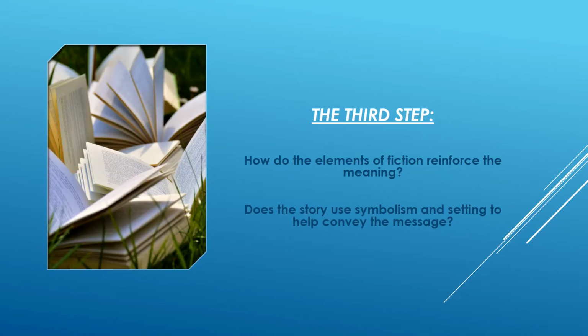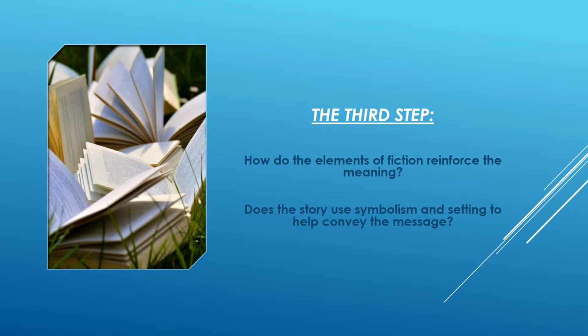So remember, step 1, find the topic of the story. Step 2, find out what the author is trying to say about that topic. Step 3, what elements of fiction, poetry, or drama are used to reinforce the meaning? So we have the topic, we have the message about the topic. Now we have to figure out how the author creates that message.